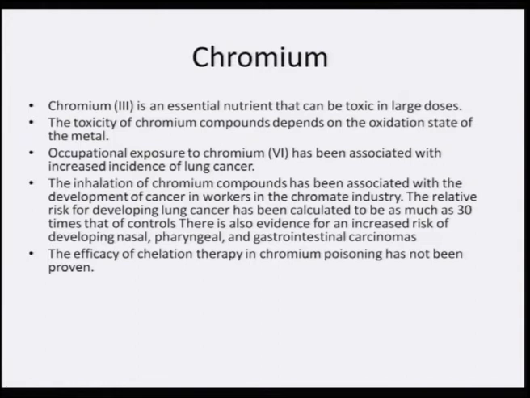The relative risk for developing lung cancer has been calculated to be as much as 30 times that of controls. There is also evidence for an increased risk of developing nasal, pharyngeal and gastrointestinal carcinomas. The efficacy of chelation therapy in chromium poisoning has also been proven.